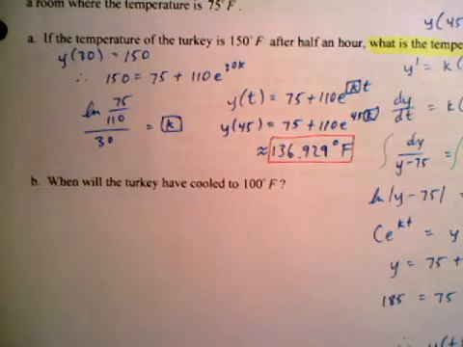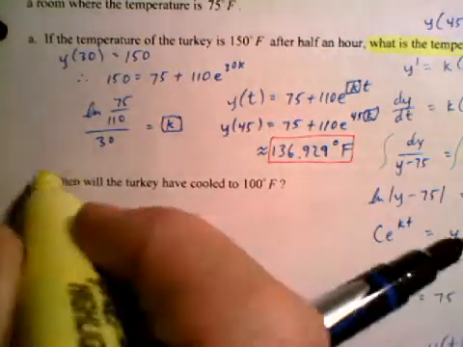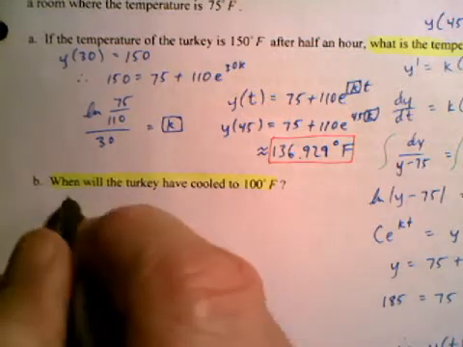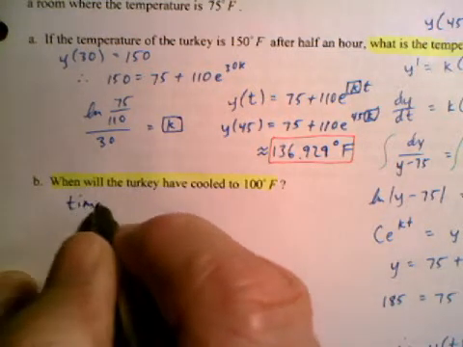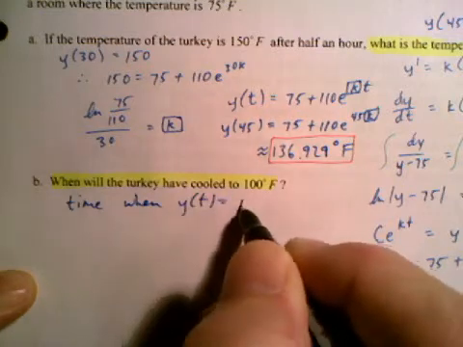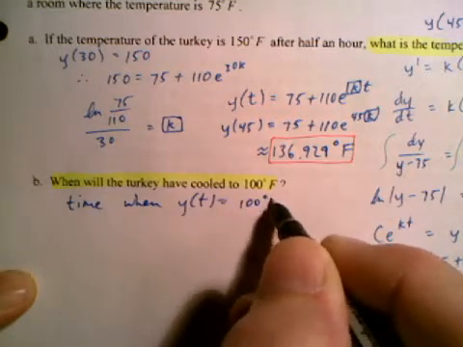Anyway, there we go. The next question is, when will the turkey have cooled to 100 degrees Fahrenheit? We're finding time, so we want t when y of t equals 100 degrees Fahrenheit.